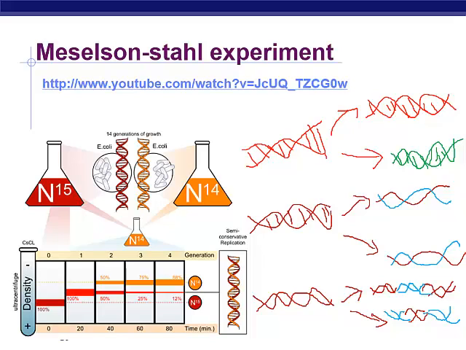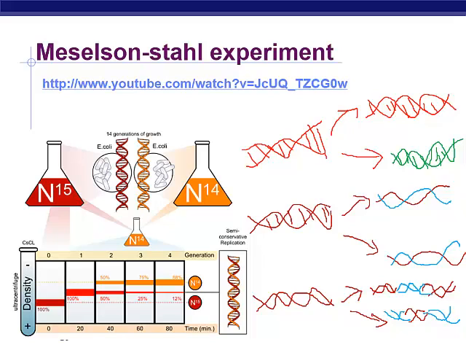They took this N15. So this 15 means that they grew nitrogen with a heavier isotope. So it's literally a heavier nitrogen than a regular nitrogen, okay? And they took this bacteria and they grew it on just heavy nitrogen. So the only nitrogen available to this bacteria is N15.